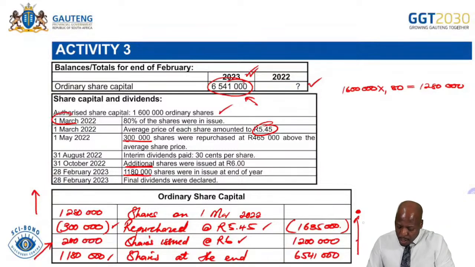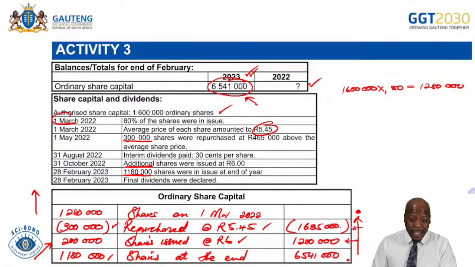Then you remember we spoke about this one. You would have got this one already, but we wanted to see if we can get the same amount another way. So you start again from the bottom, where you take your 6,541,000 and do the opposite of the sign. So you say 6,541,000 minus the 1.2 million, then plus the 1,635,000.